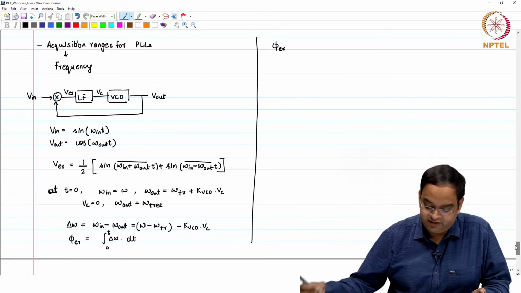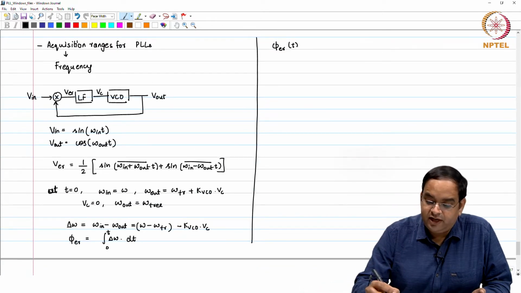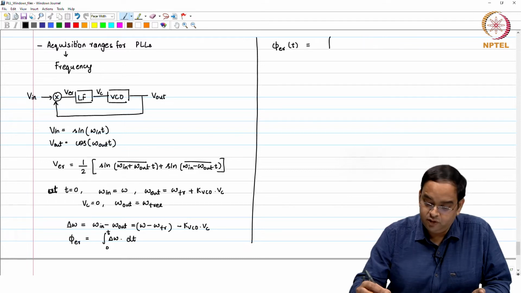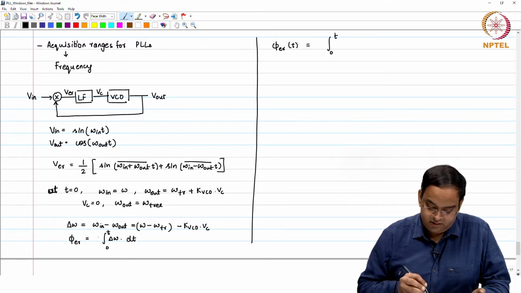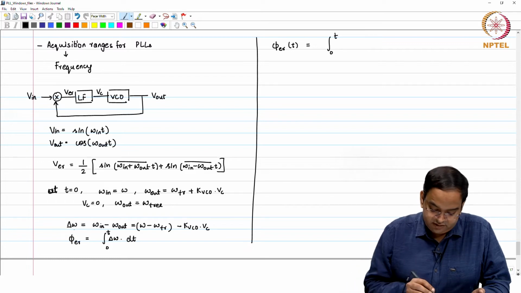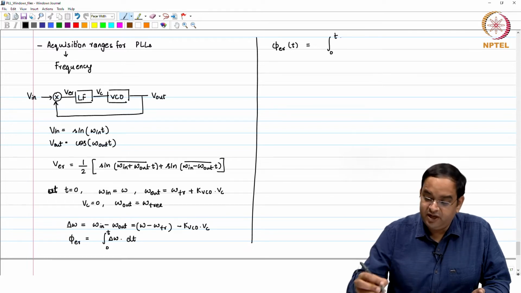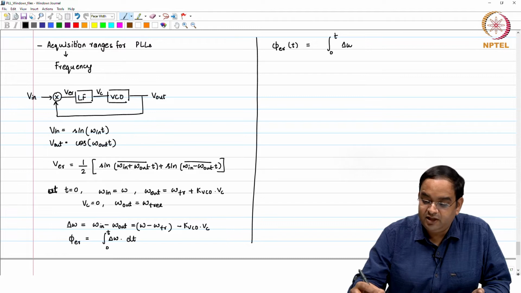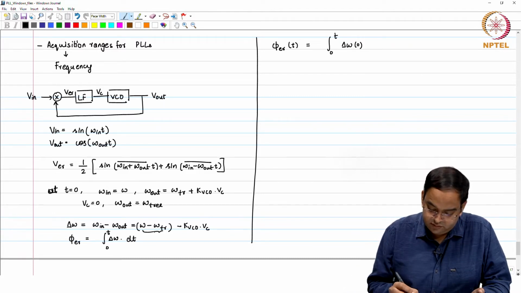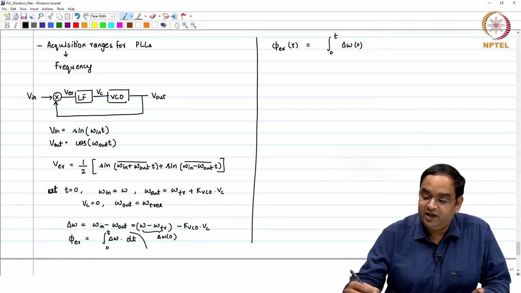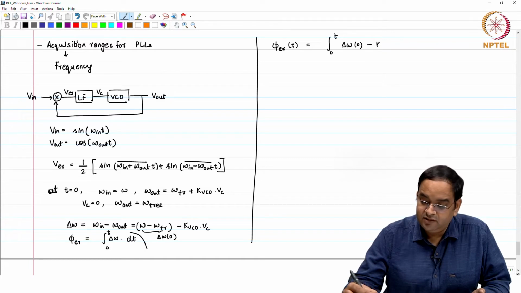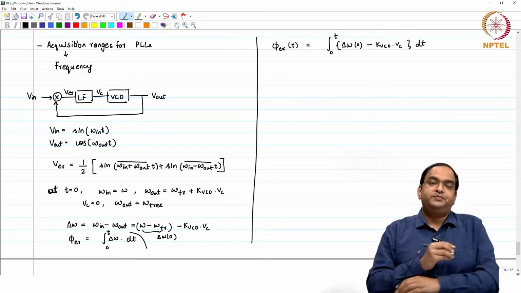Using our previous equation, phase error of t is the integral from 0 to t of the frequency error, omega minus omega free, which I am calling omega 0, minus k VCO times Vc, with respect to dt.